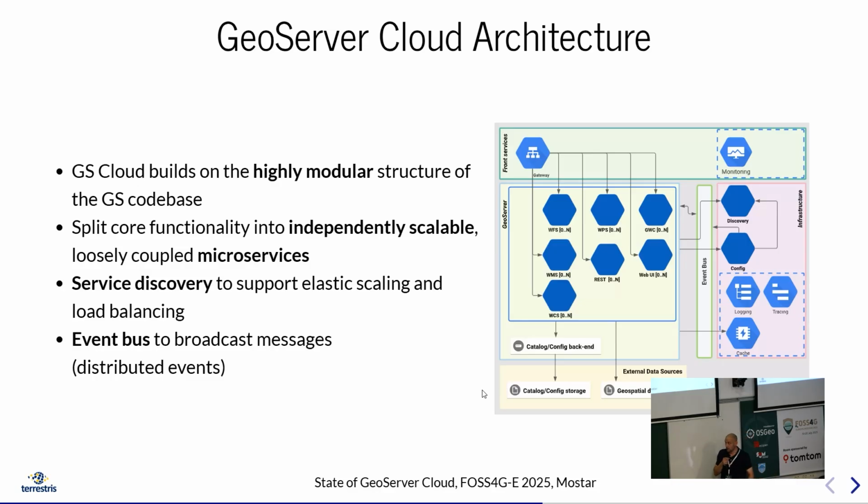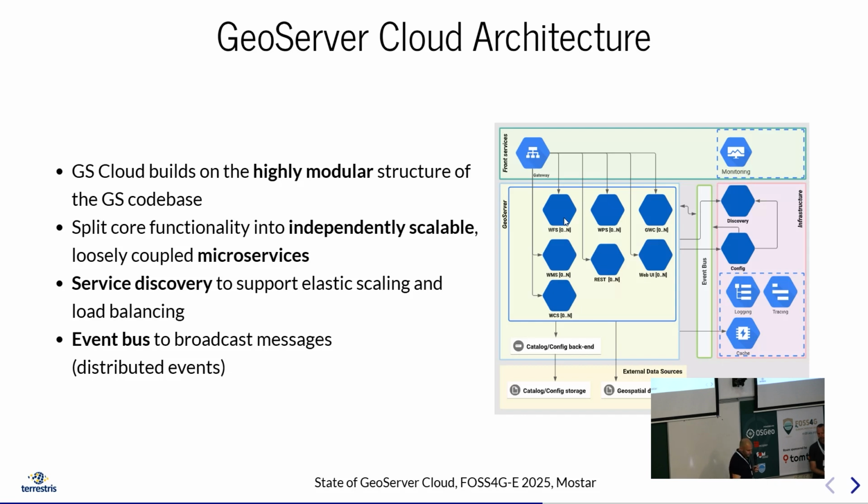I don't know if you can read this, but we can see this block here. We will have a microservice for WMS, a microservice for WFS, a microservice for the REST API, for the web UI, and all of these single purpose microservices can be scaled individually.